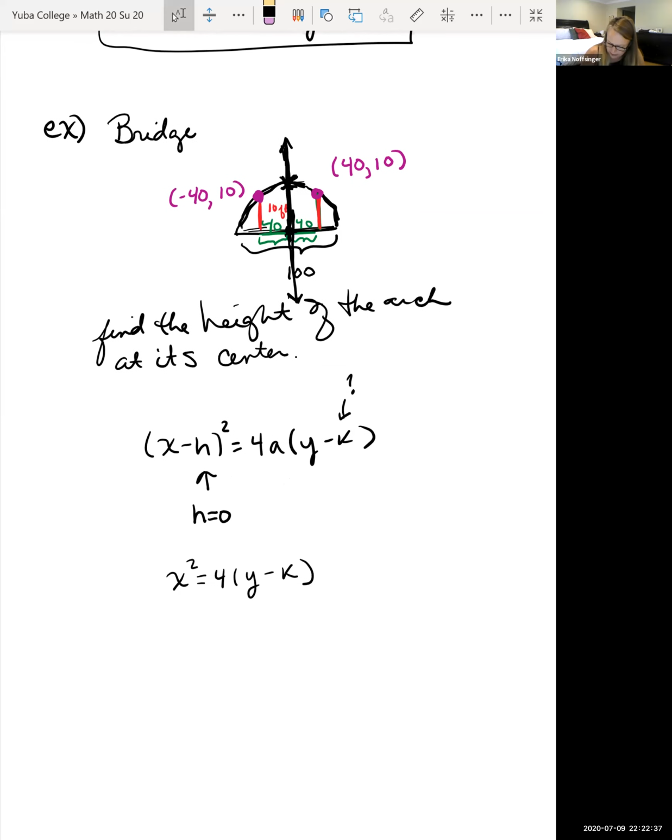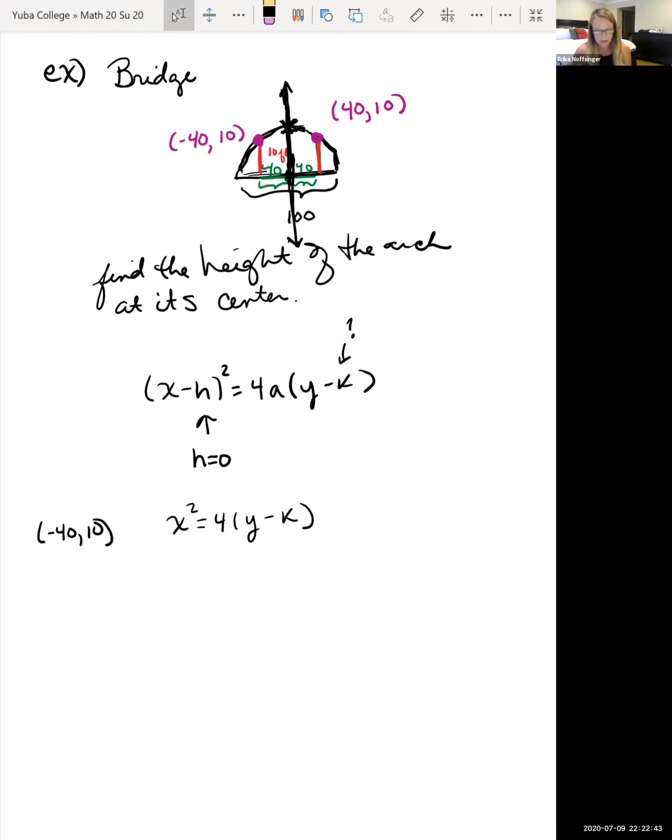So if we plug in negative 40, 10 for x and y, my y value is 10, let's square it, equals 4 times a.